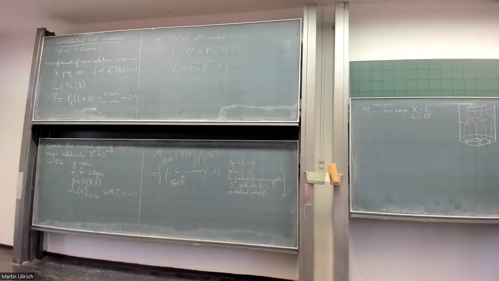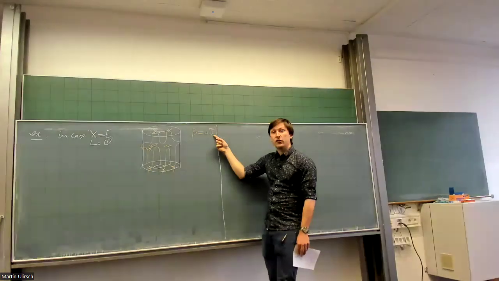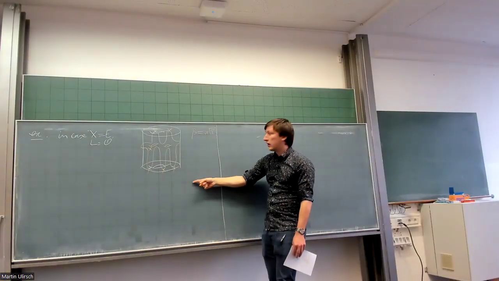In this case, beta is the degree of the cover. So I have a map into E cross P^1, and I can project to the elliptic curve and get a cover of some degree. So the homology class is in fact an integer multiple of the fundamental class of the elliptic curve.